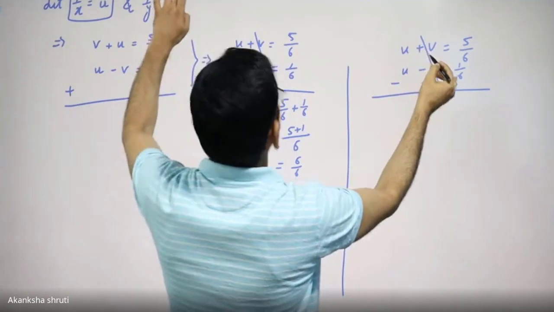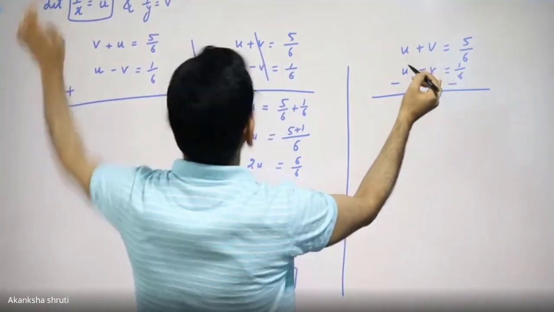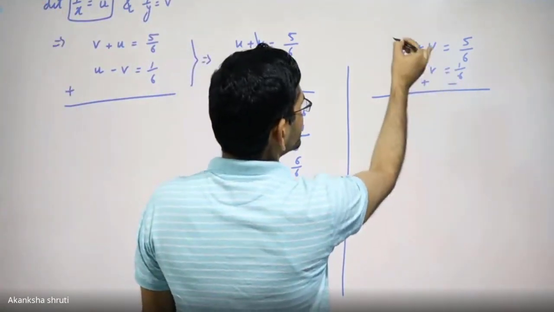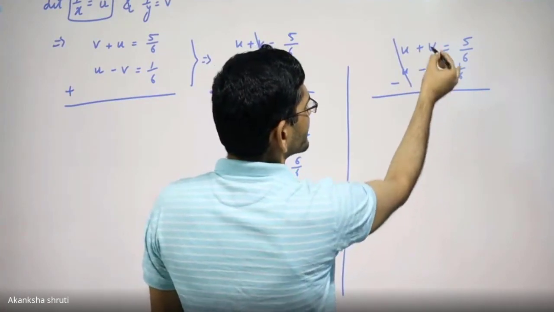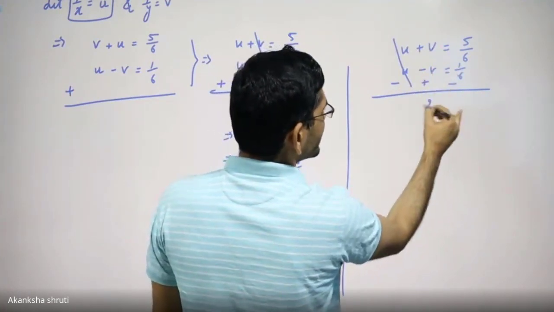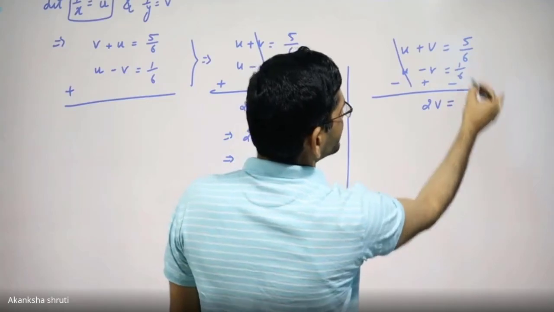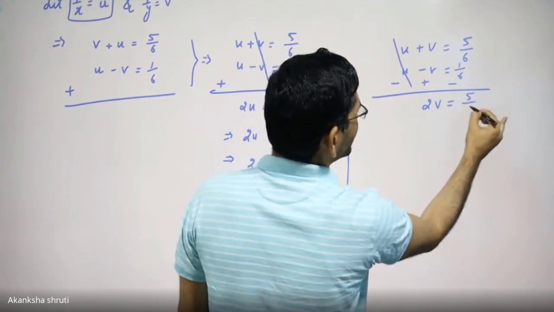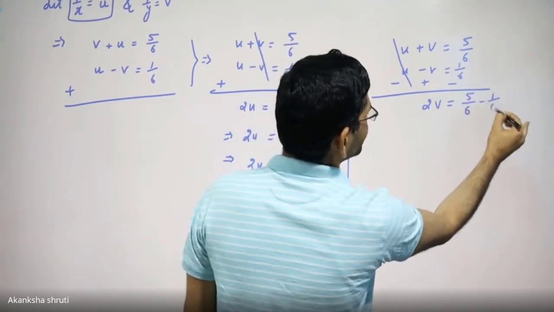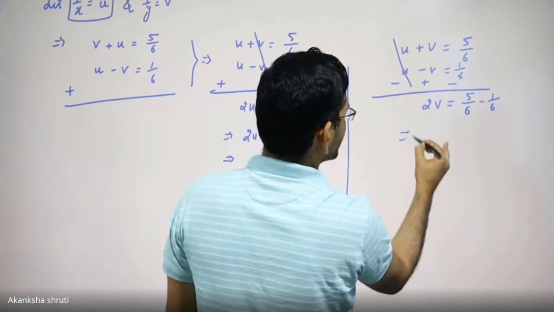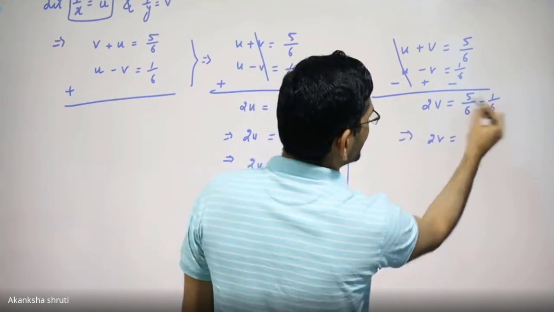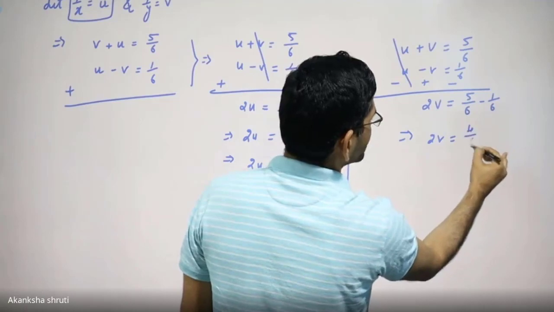So on subtracting, this u is getting cancelled. What is left? v plus v, it is our 2v, and in the right hand side we have 5 by 6 minus 1 by 6. Be careful. So this implies 2v is 5 minus 1, that is 4 by 6.